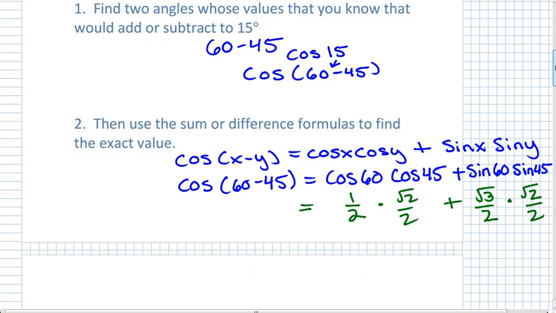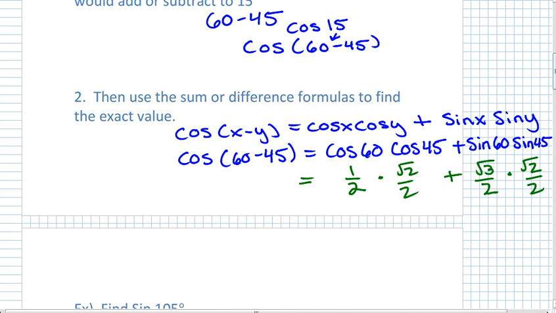And if you don't know that, you could always draw the triangles and figure that out. And then when you multiply here, you get the square root of 2 over 4 plus the square root of 6 over 4. And when you combine, because over a common denominator, you get the square root of 2 plus the square root of 6 over 4.